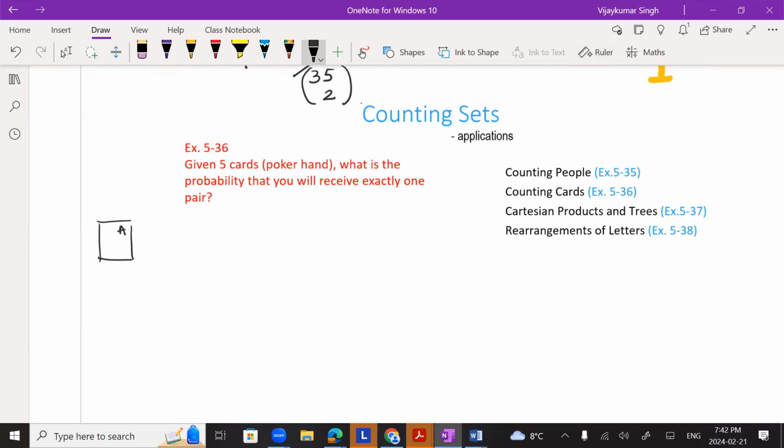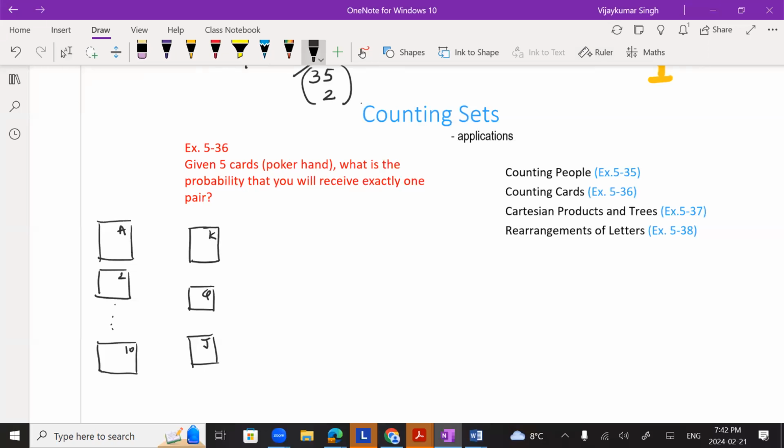You have A, and then you have all these number cards, 2 all the way till 10, right? And then you have king, queen, and jack. Whatever you call them, who cares what they are.